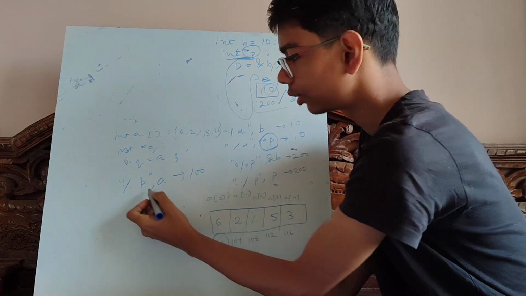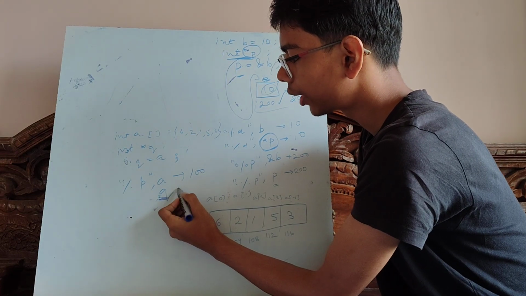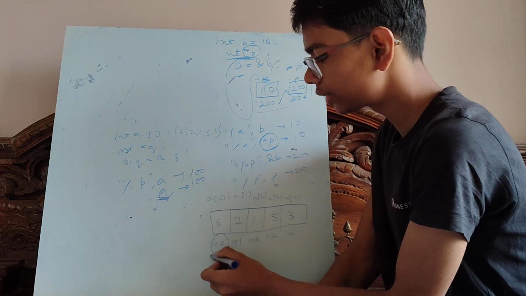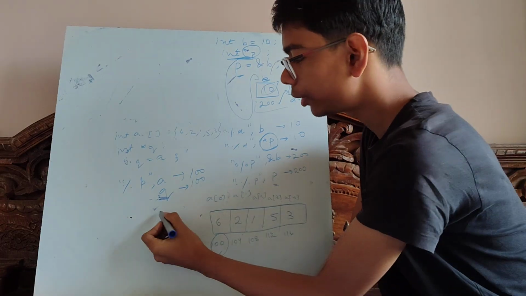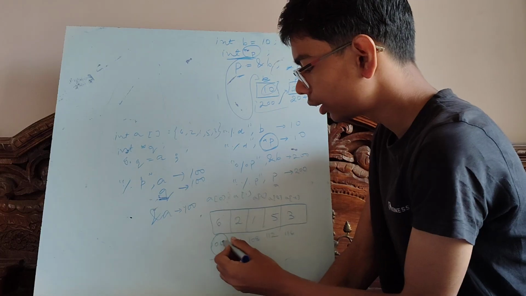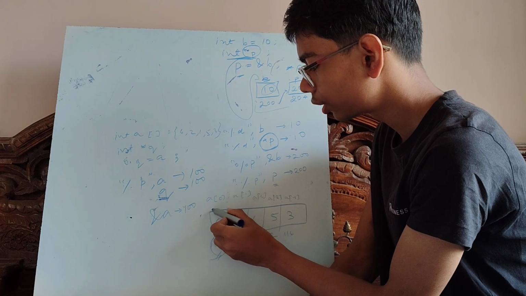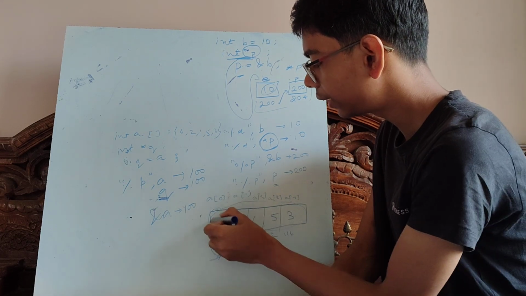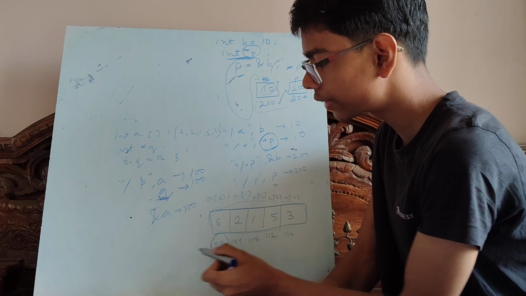If I print q, that will also give me 100. If I print ampersand a, it will give me 100, the address of the complete array, which is the base address.